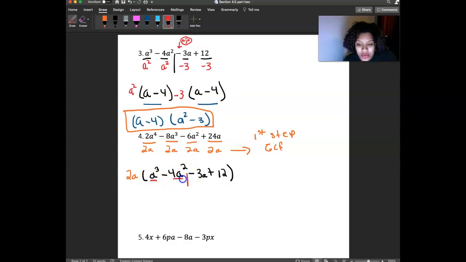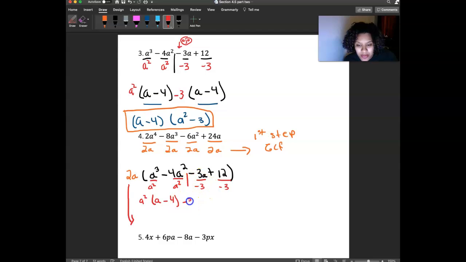What do the first 2 terms have in common? An a squared. What do these two have in common? A negative 3. So then I'm going to, don't forget this guy. Let me draw a line so I know I'm not going to forget it. So I have a squared, open parentheses, left, I have a minus 4.